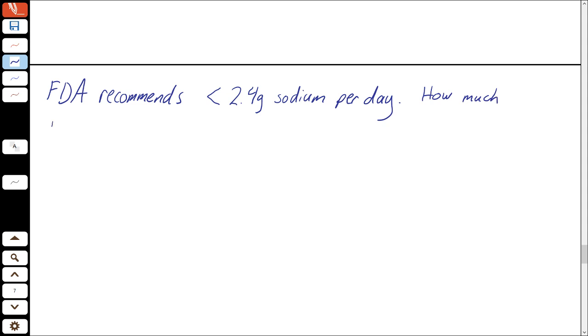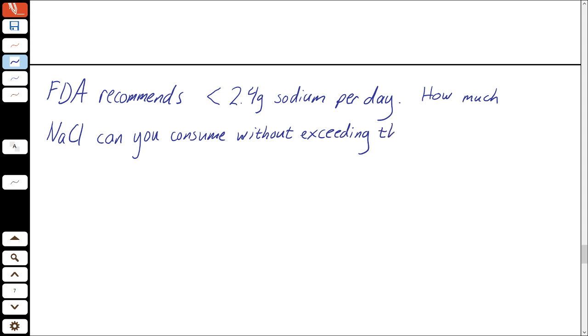How much actual salt, table salt, NaCl, can you consume without exceeding this recommendation?